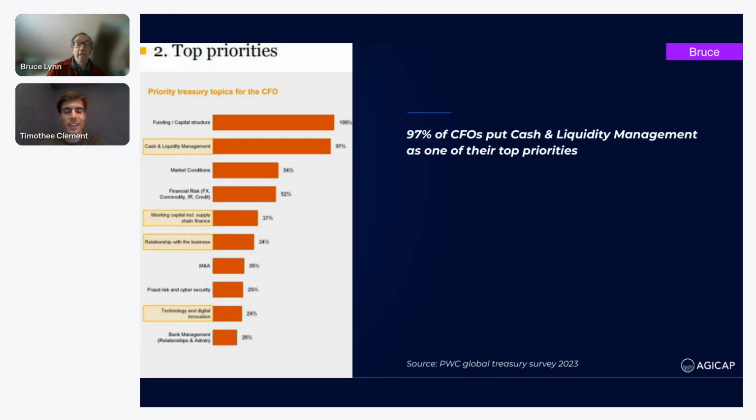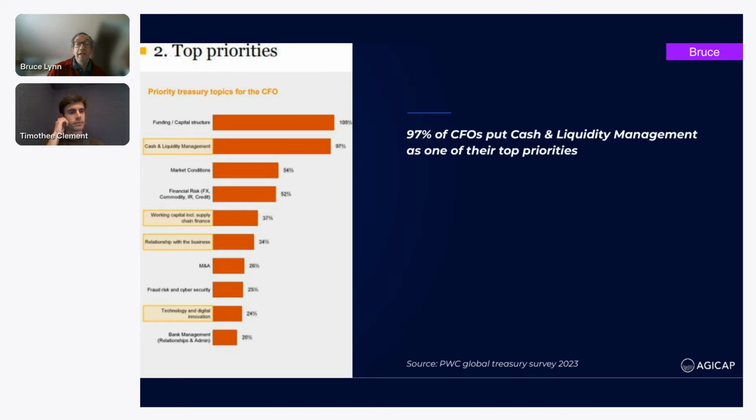Sure. Well, again, this is a study based on cash and liquidity management. And as you can see here, the top priorities, from high to low, about what the top priorities are. And as you can see, when interest rates start to go up the way they did before, you'll find that funding and capital structures become more and more important. After all, you really can't pay your payroll with profits. And as we'll show in a minute here, profits is a very nice accounting concept, and it's very valuable, don't get me wrong.